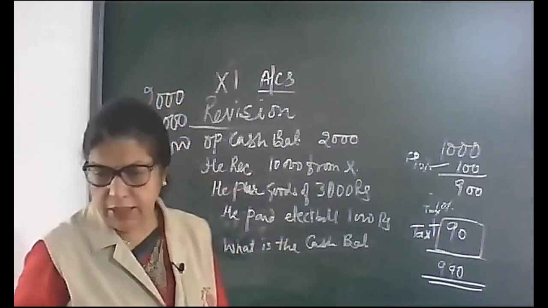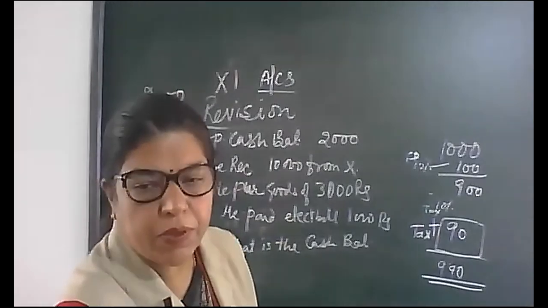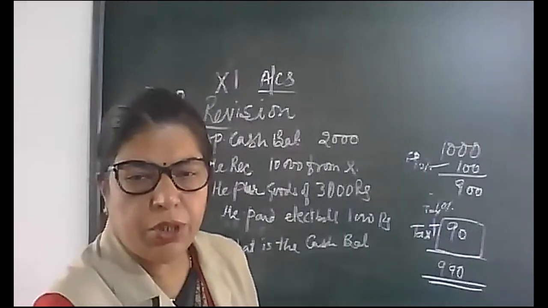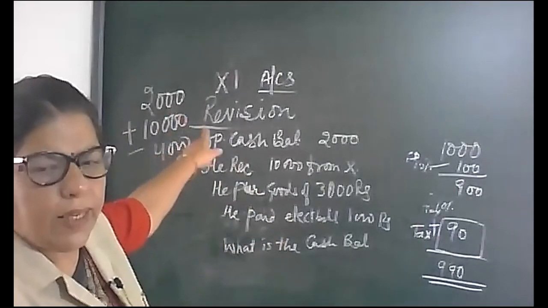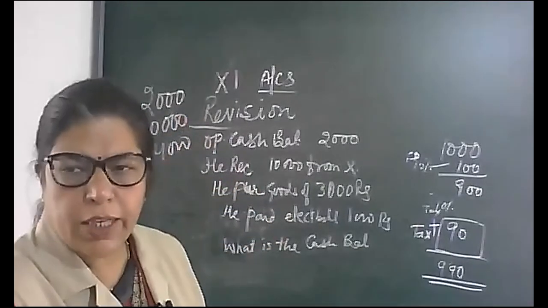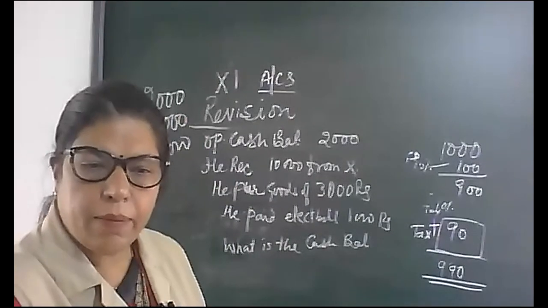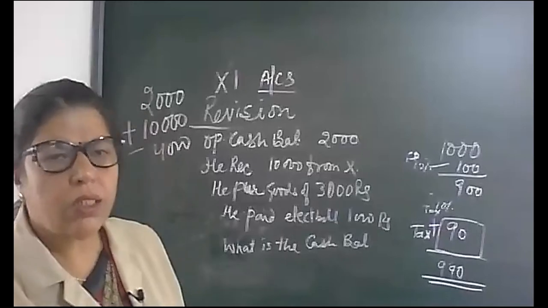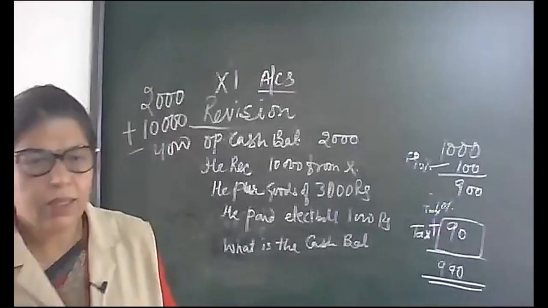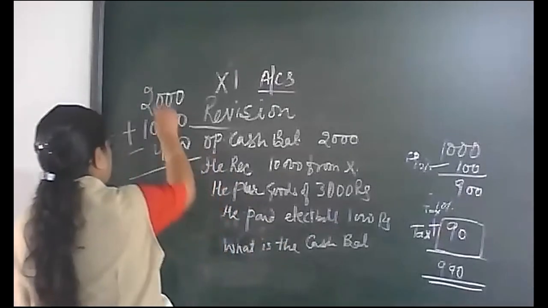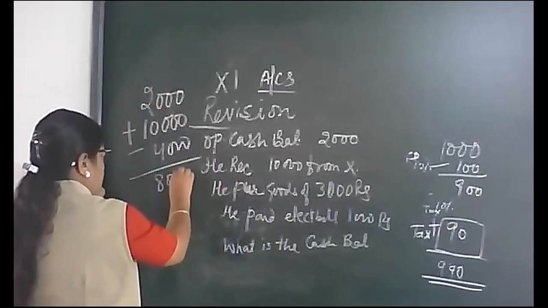So the answer is 8,000 rupees. I am sure you must have understood, the answer is 8,000 rupees. So what I want to say, you don't show the detail and the complete way. Just do the answer and check the 8,000 rupees.